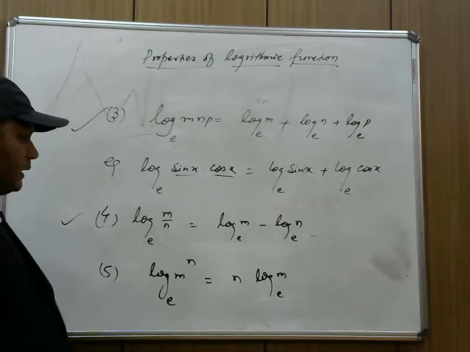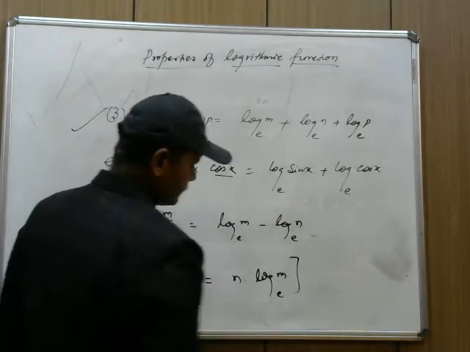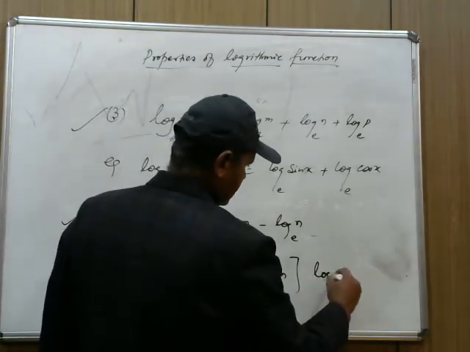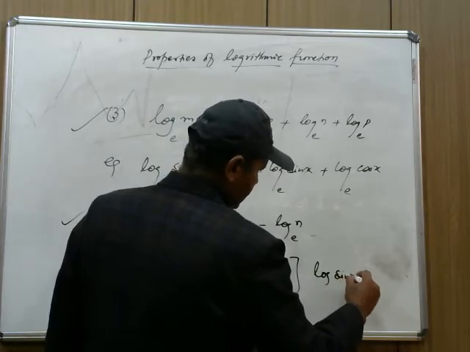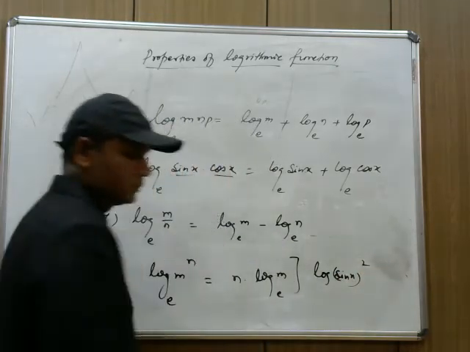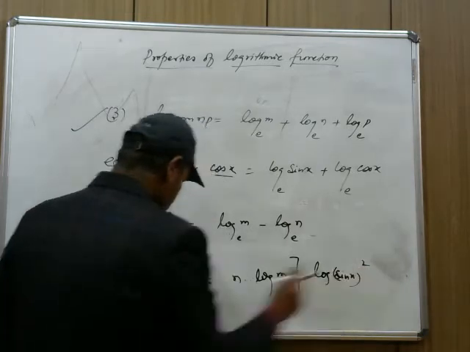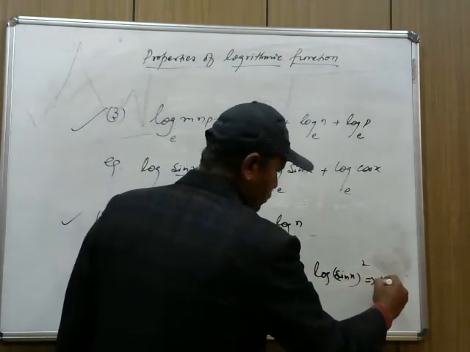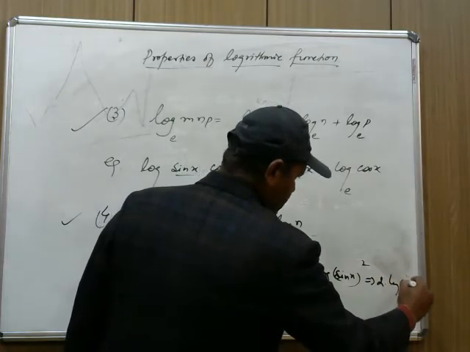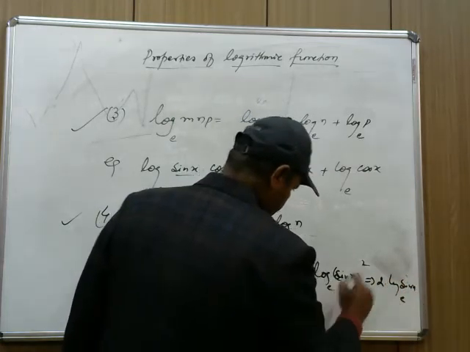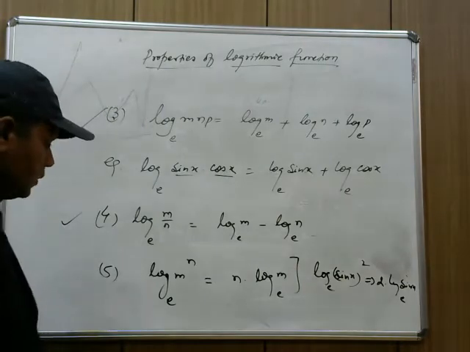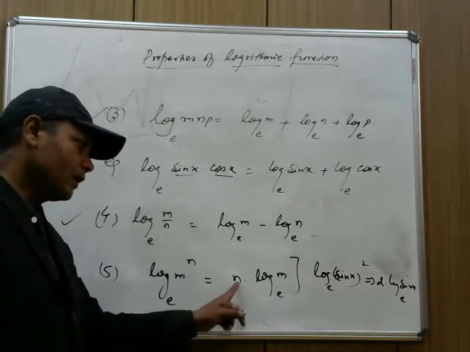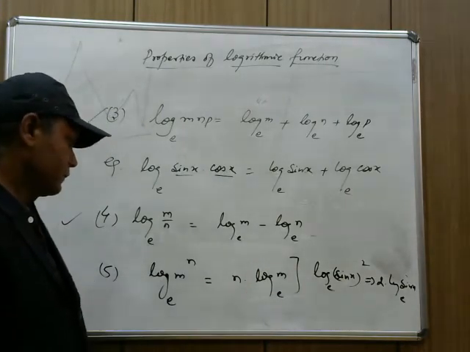For example, if I write log of sin x to the power 2, then this power is 2. I will write 2 into log sin x to the base e, no problem. Log m to the power n becomes n log m to the base e, right?